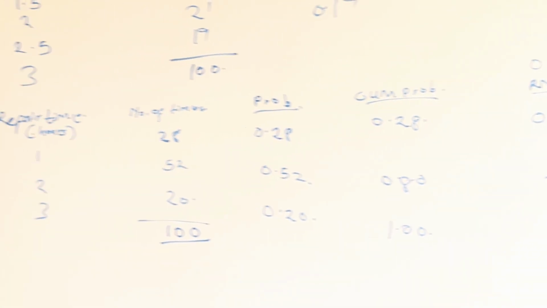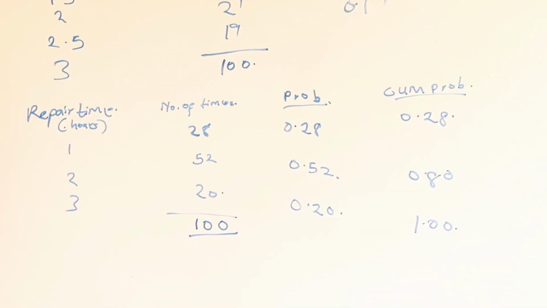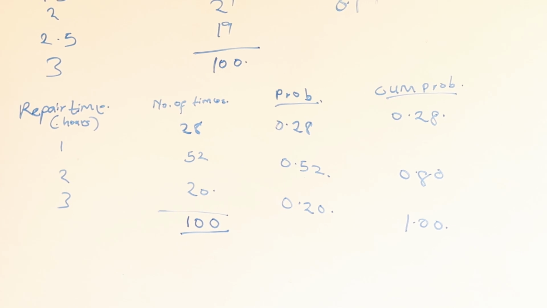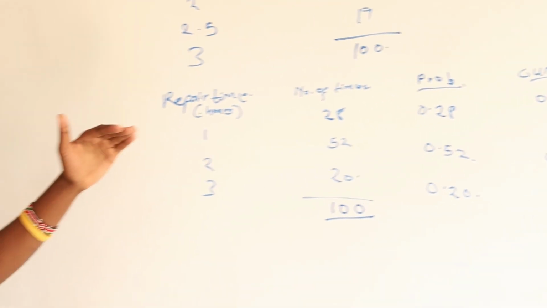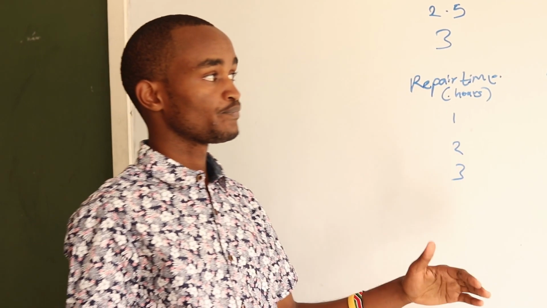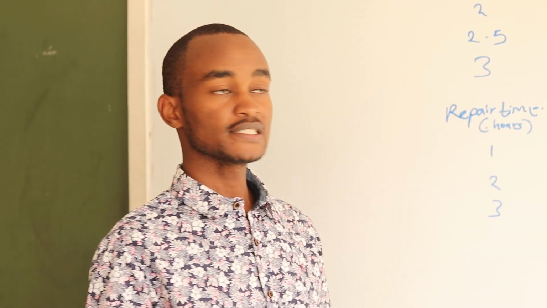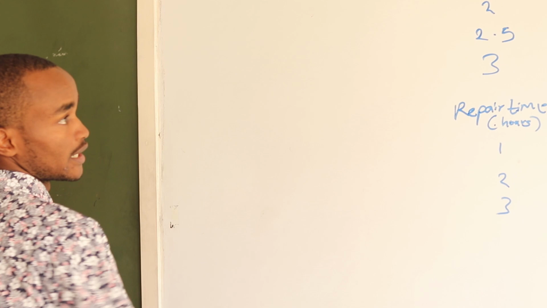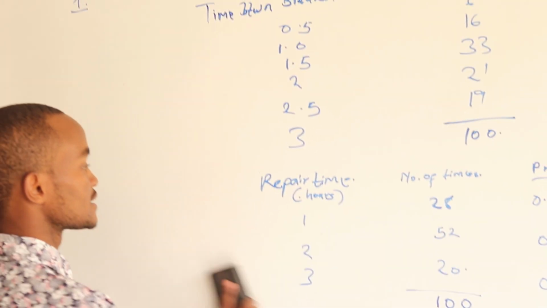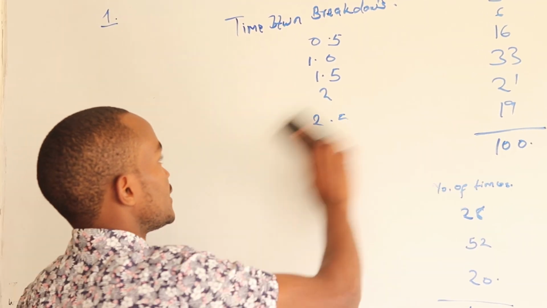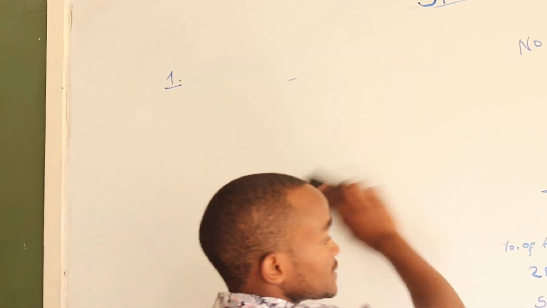So after finding the random number ranges, this is the first step in order for us to be able to run simulation trials. So the next step is running the simulation trials. So I hope everyone has written, so we wrap this to create space for running the simulation trials.